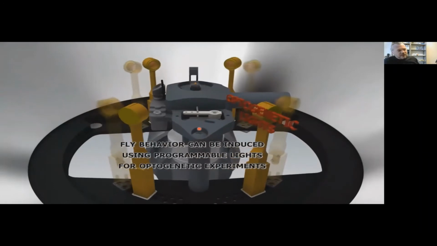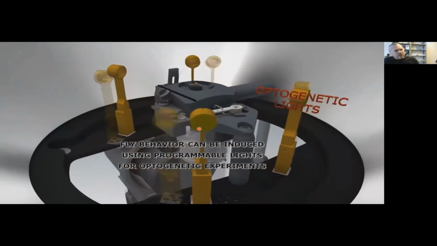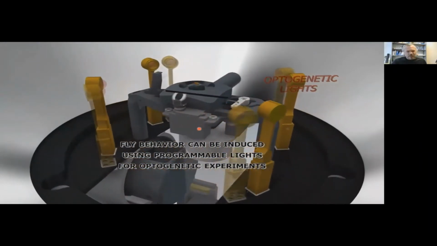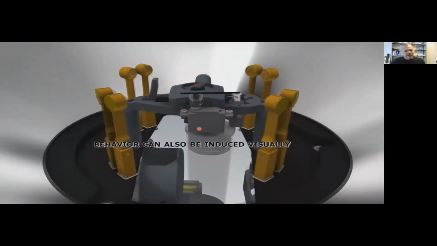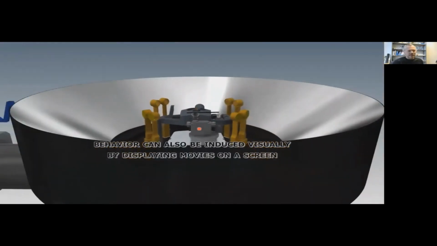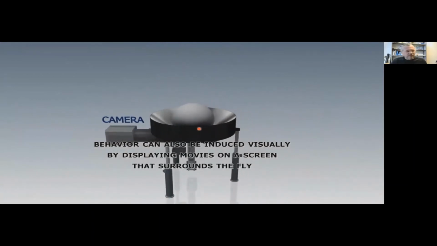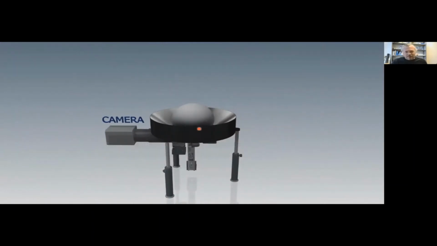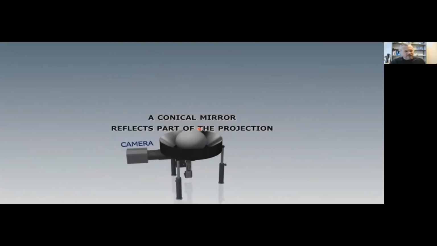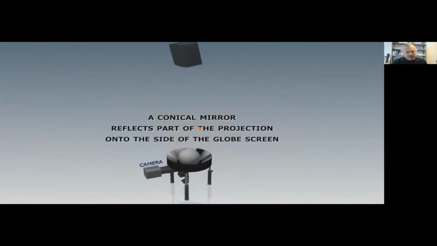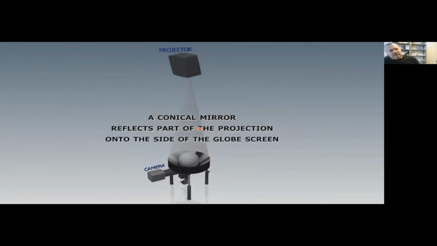Behavior was induced either using the optogenetic lights or a 3D panoramic visual stimulus that surrounded the animal. So that's the dome that was a 3D or a panoramic screen, and a projector above the device would show a visual stimulus for the animal.